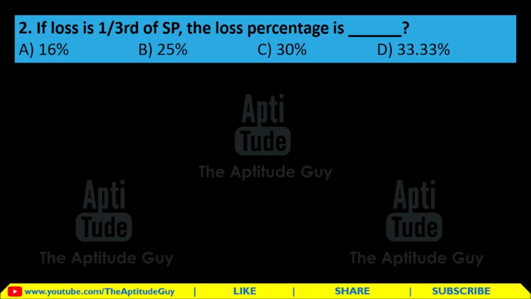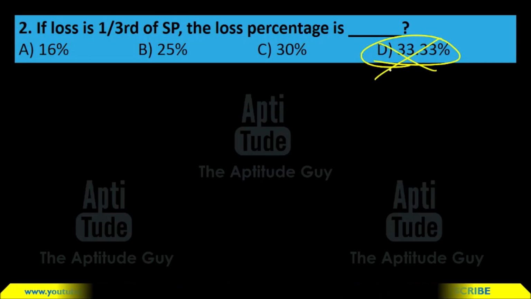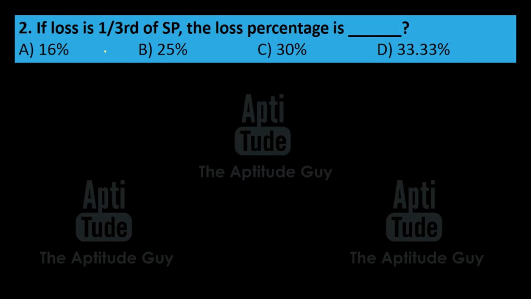All right. If loss is 1/3 of selling price, the loss percentage is how much? If at all you got answer as option D, you are absolutely wrong. A lot of people get the answer as option D. Why? Because they see 1/3 and then they get excited and then they mark 33.33% as the answer.